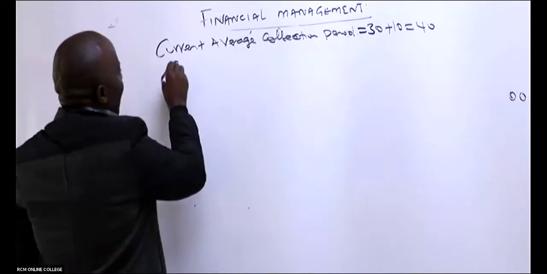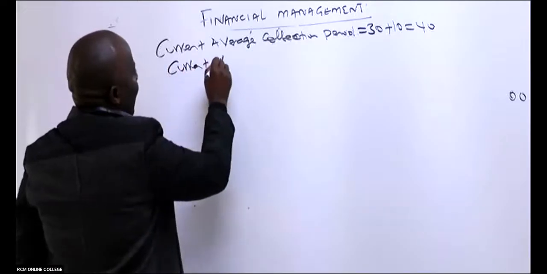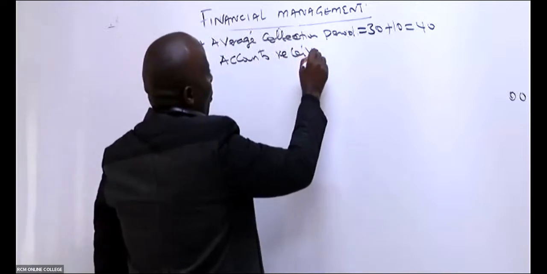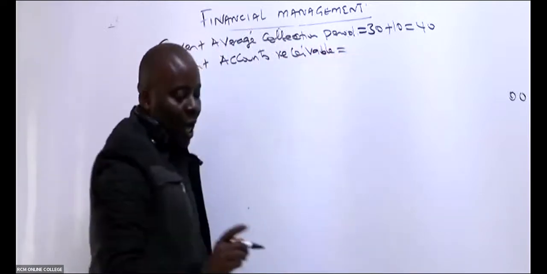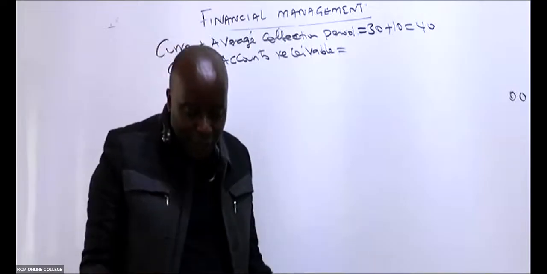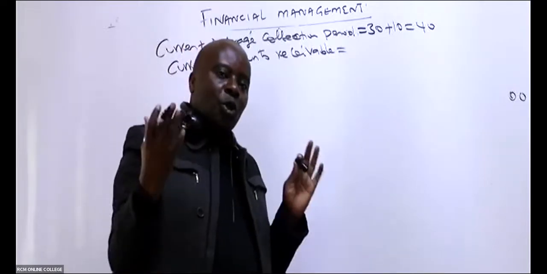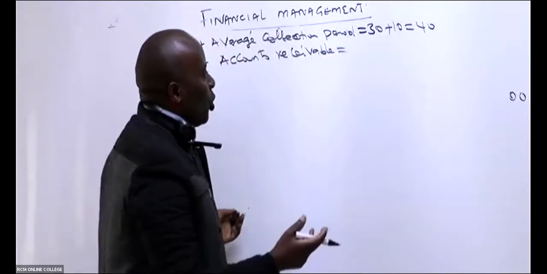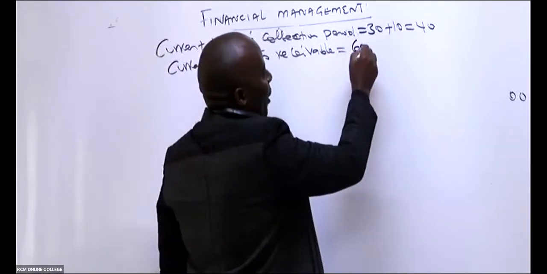Give me the current debtors, or the current accounts receivable. How do we get this? It's very, very easy. We know our total credit sales. They have told us our total credit sales will be 6 million.